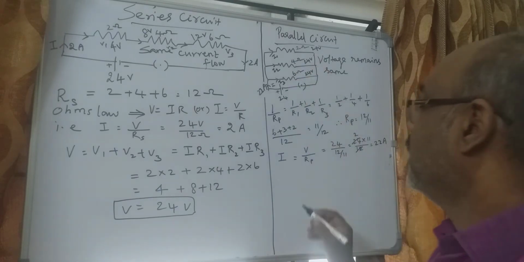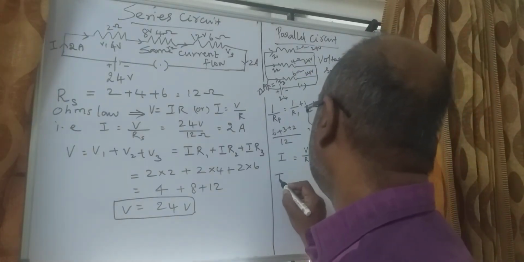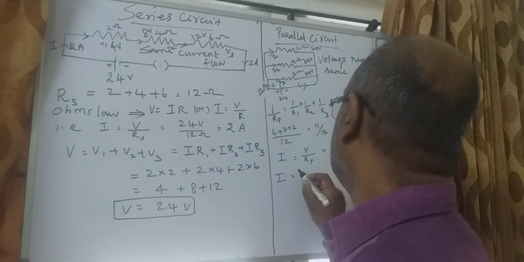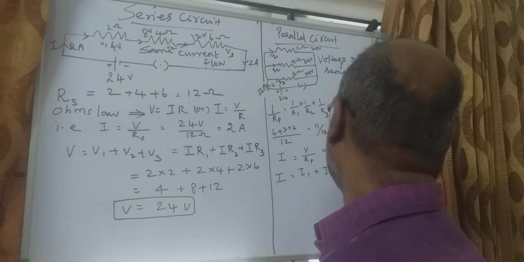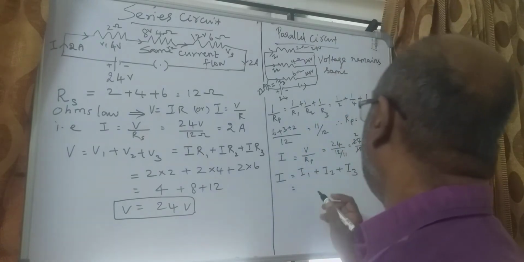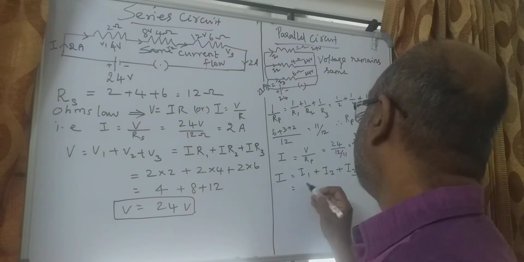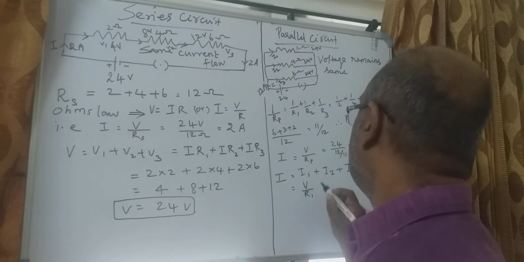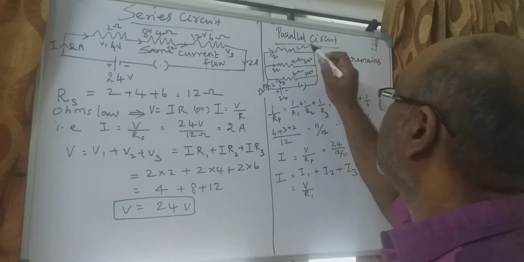Let us find what I1, I2 and I3 are in the circuit. The total current I is splitting into 3, so I is equal to I1 plus I2 plus I3, where we can write I1 as V divided by R1, because the 24 volt only is going in this circuit.